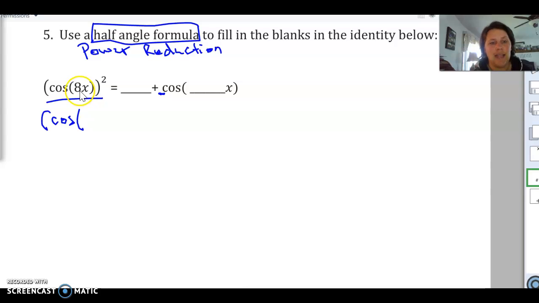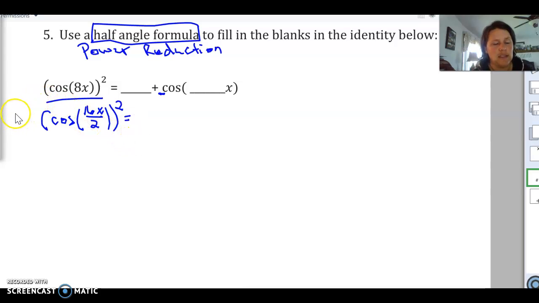So we want to write 8x so that it has a denominator of 2. Using your laws of fractions, we can rewrite that as 16x over 2. Just multiply top and bottom by 2, and you now have a fraction with a denominator of 2.